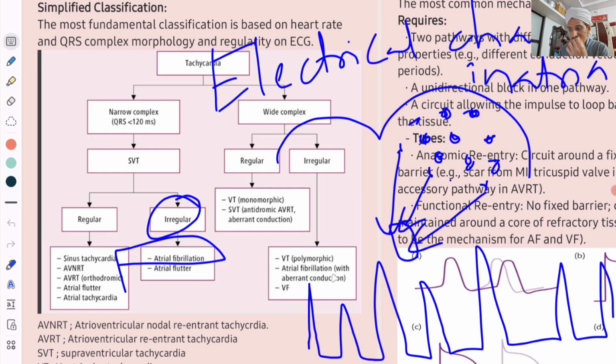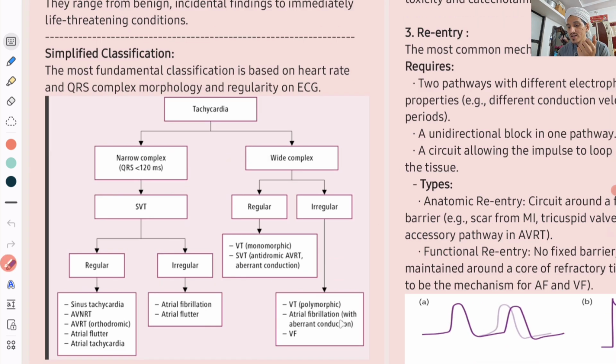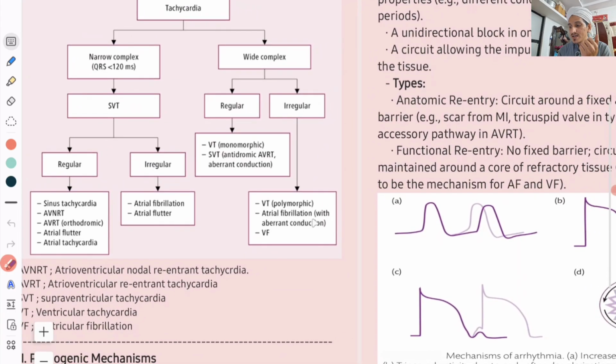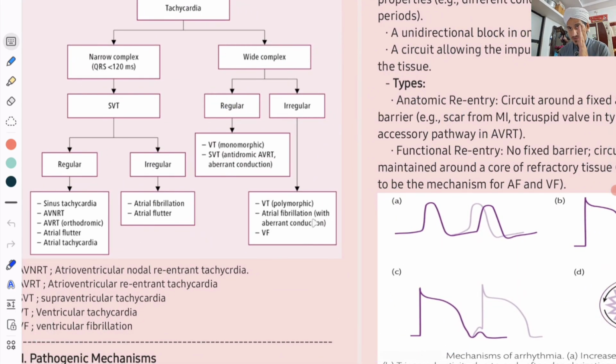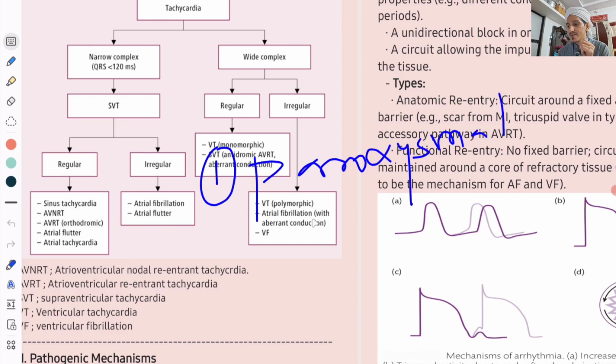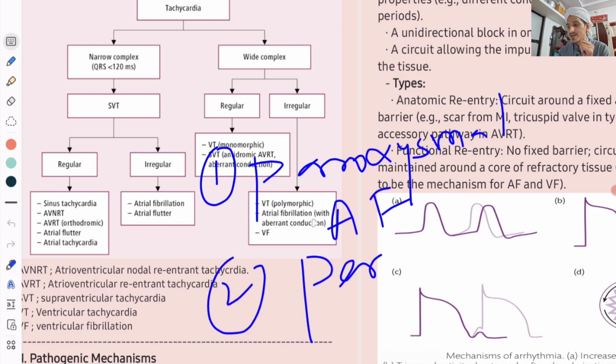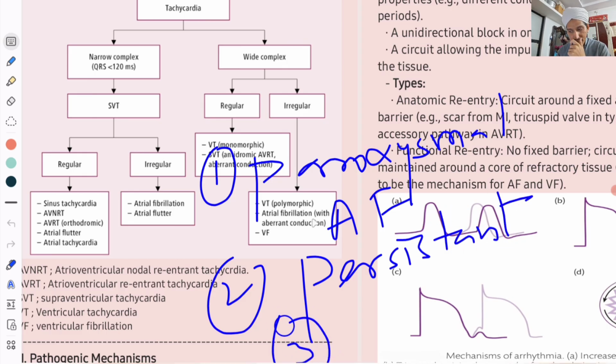Now this atrial fibrillation can be paroxysmal. I'm just giving this overview of tachyarrhythmia. Atrial fibrillation can be paroxysmal, meaning episodic, or it can be persistent, or it can be prolonged.